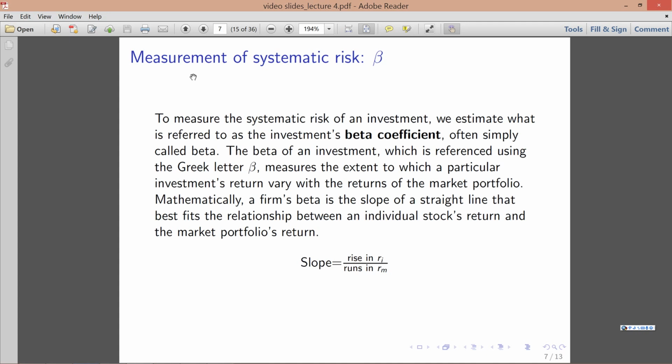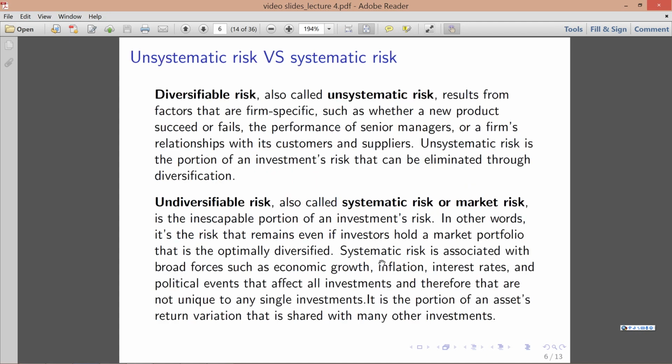Now, the next question is, how do we measure systematic risk? Remember in the previous slides, we said that systematic risk is the risk that all the assets share together. So if you look at a single asset, the systematic risk must be the part that leads to the co-movement between the asset's return and the return of all the other assets.